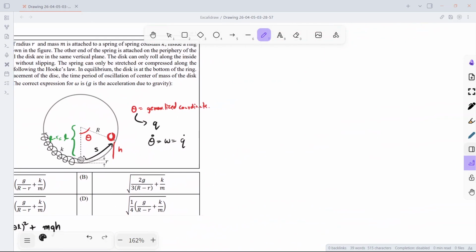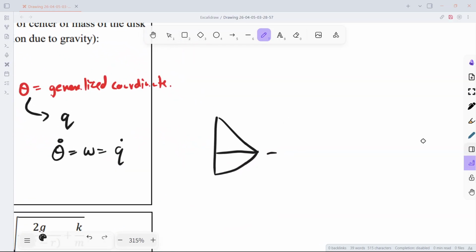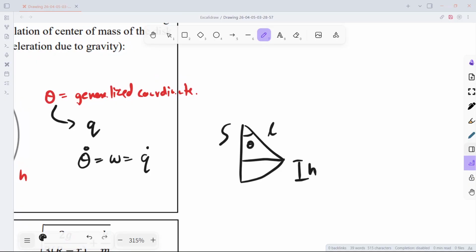Well, if you look at this triangle, there's this height h, there's an angle theta, this is L. This of course is L cosine theta. This is, in case you're wondering, L sine theta.